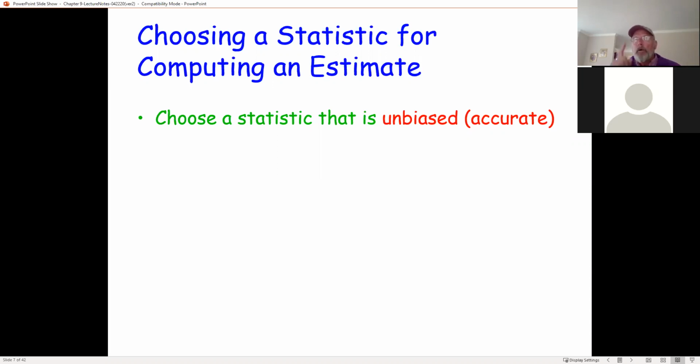And so there is only one value that represents the population parameter. You could call it an average like mu, or you could call it a proportion like p, okay? So that is one value that represents the truth about the population.